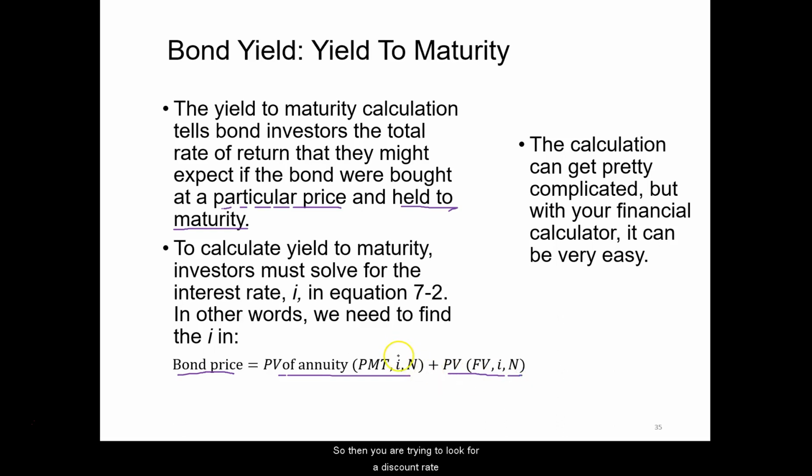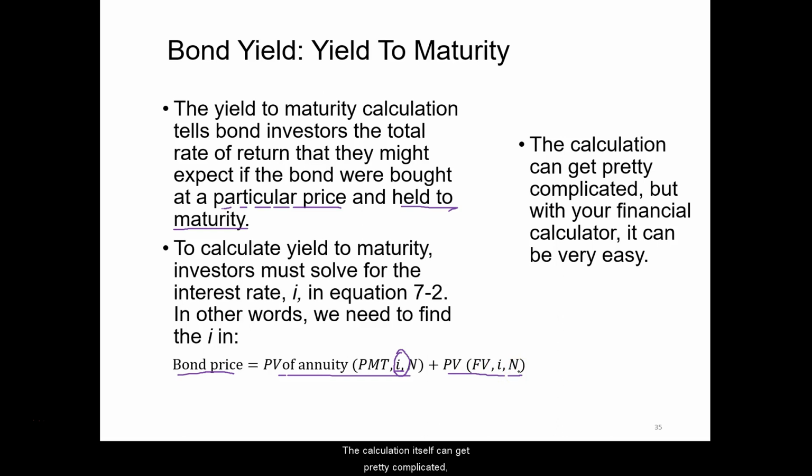So then you are trying to look for a discount rate that makes the present value of all your future cash flows all together match the price that you pay. In other words, you are solving for this little i so that your bond price would equal the total present value of all your future cash flows from the bond, including this annuity and the final par value payment.